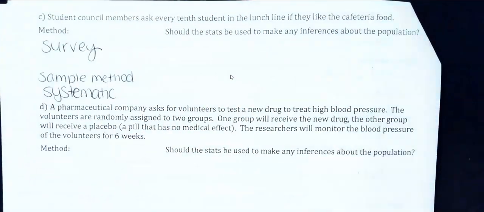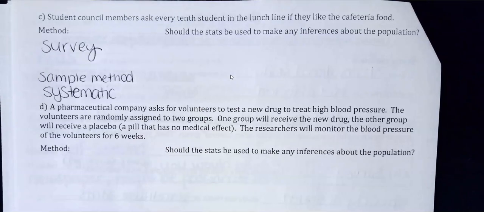Okay, now, would this be a decent way to find out if, in general, the people in your school like the cafeteria food? Why not? What's wrong with that? Well, I feel like, I know some people don't like the lunch food, but if you don't get in the lunch line, some people probably like it. Right. Exactly, what else might be wrong with this?